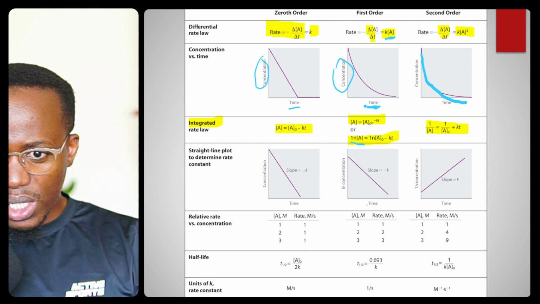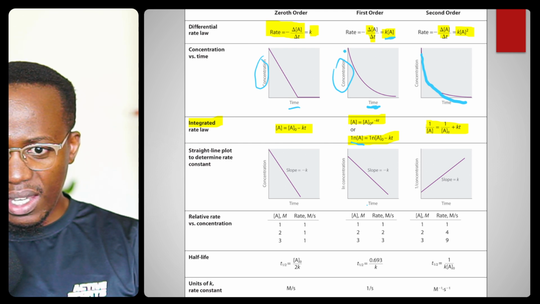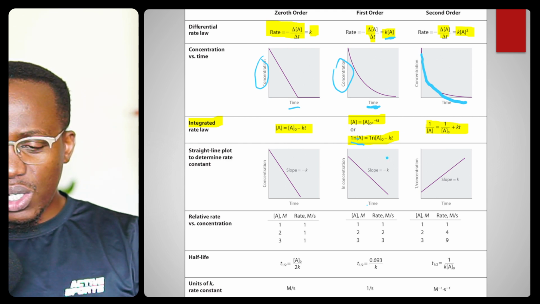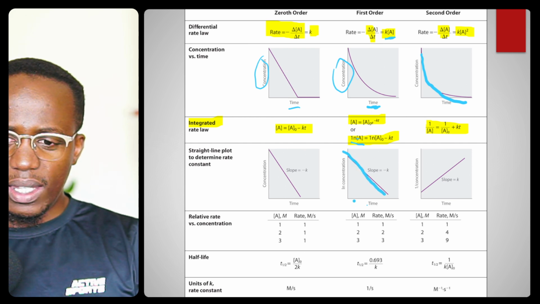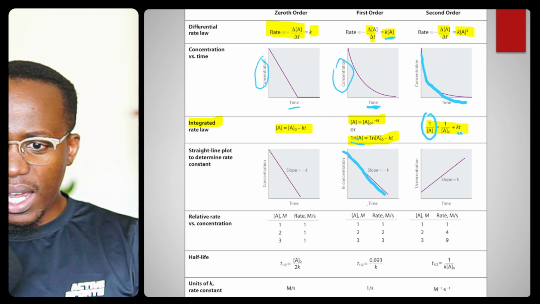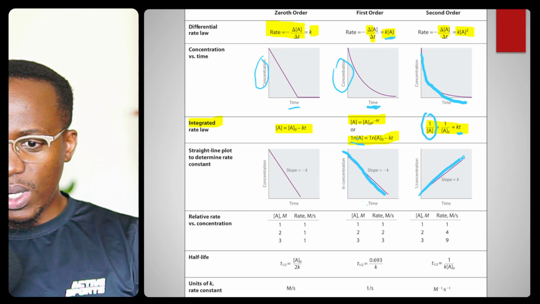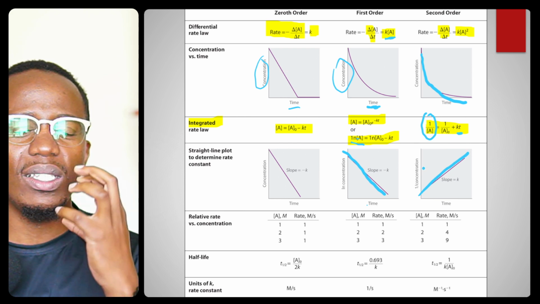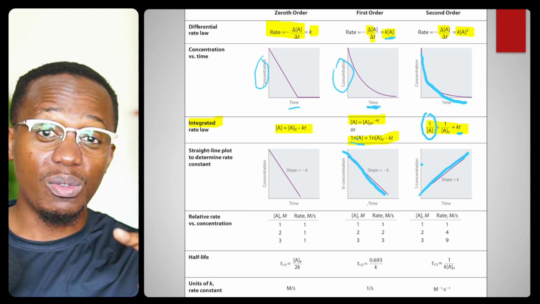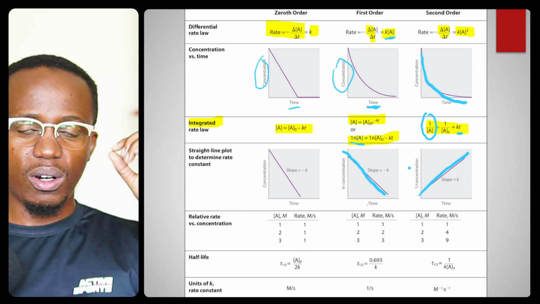Even though the concentration over time is a curve, the ln of concentration over time should give you a straight line like this. And then here, if you plot 1 over A over time, it should also give you a straight line. So that's one of the ways that we can experimentally measure the rate order of the reaction.